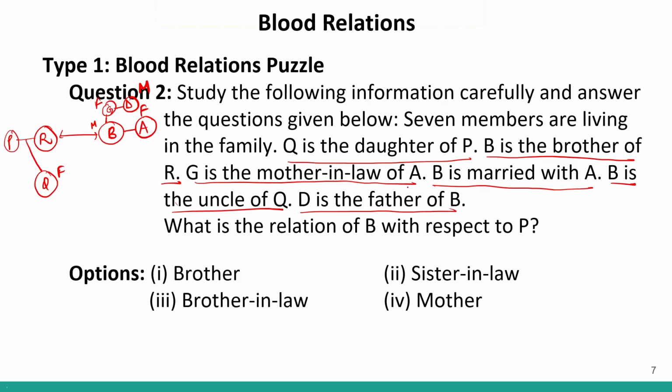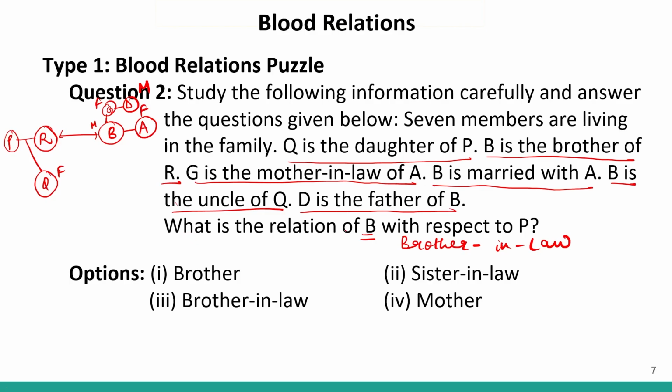Now we have to find out the relationship of B with respect to P. Whether P is female or male, B will always be a male. So brother-in-law. Correct? Because we had to identify the relationship of B with respect to P, not otherwise.